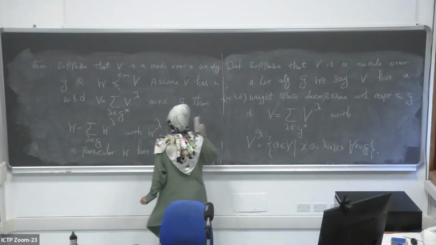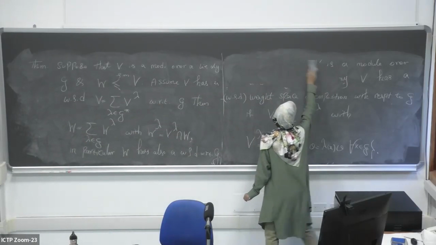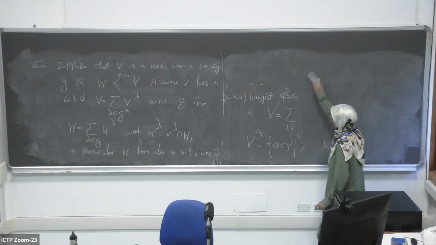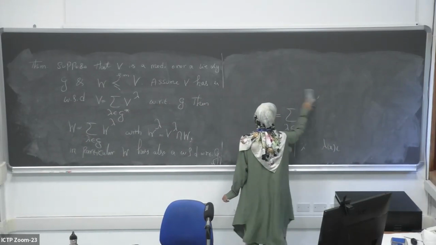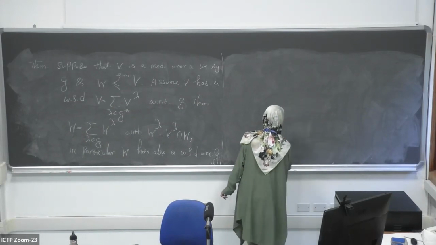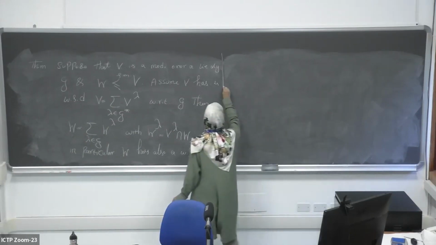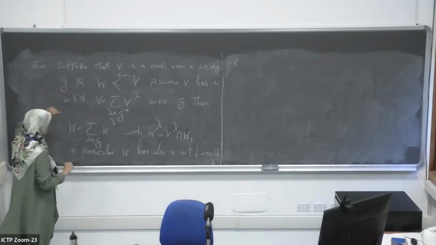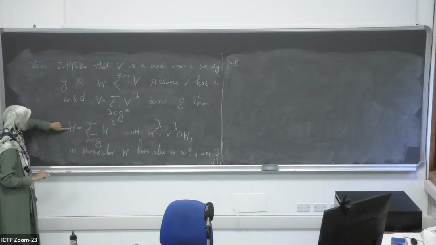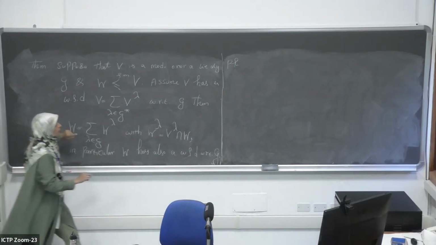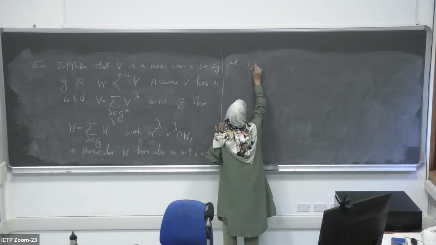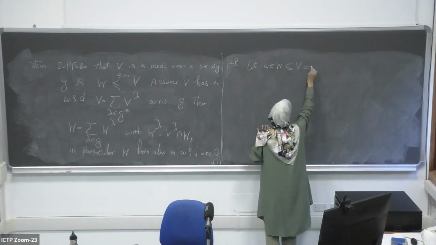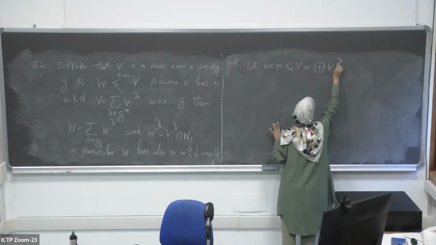Let's look at the proof of this theorem. What we should prove: we should take an element w of W. W is a subset of V, and V is the direct sum of V_lambda.